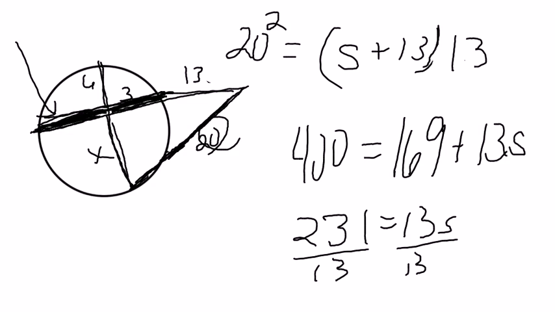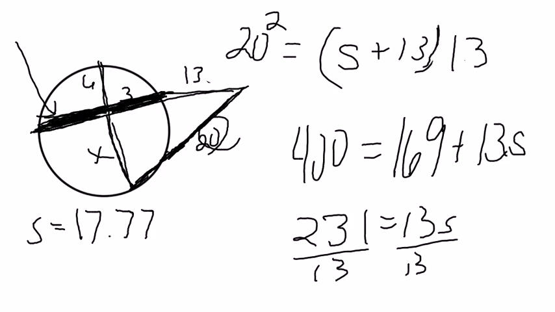And that length, that part of the secant, which is actually, in this case, a chord, is going to be 231 divided by 13, which is approximately 17.77, okay? So that whole length is about 17.77.